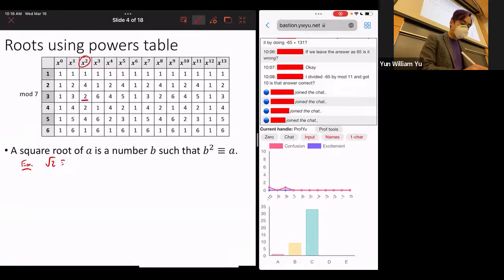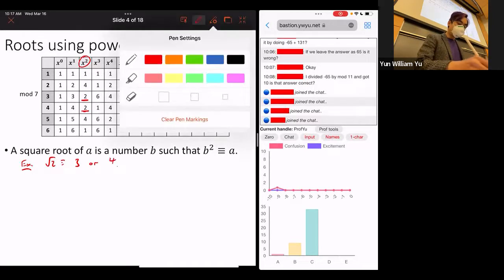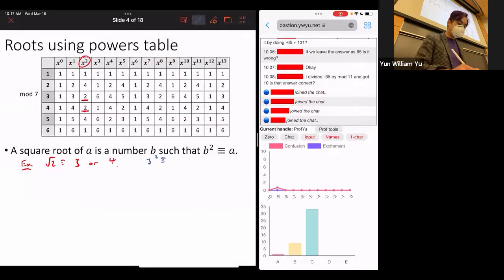This happens for 2 different numbers. The square root of 2 is either 3 or 4. These are both square roots of 2. You can double check this because 3 squared is congruent to 9, which is congruent to 2 mod 7, and 4 squared is congruent to 16, which is also congruent to 2 mod 7.